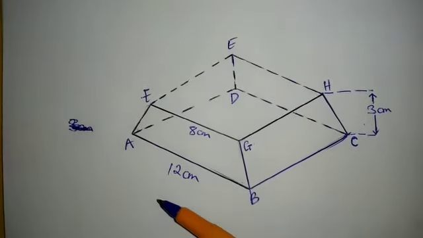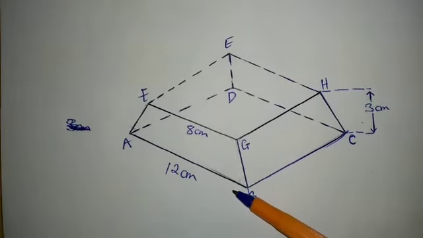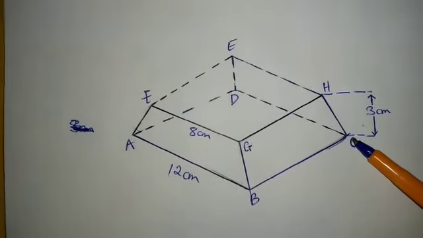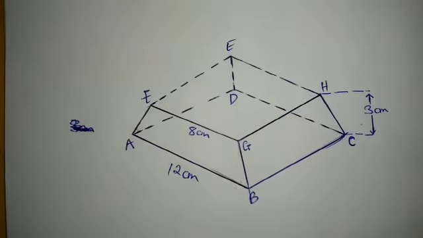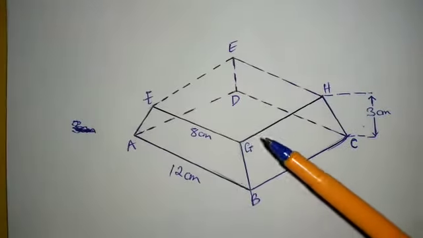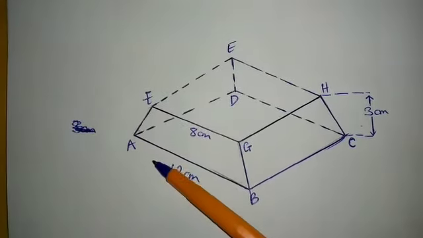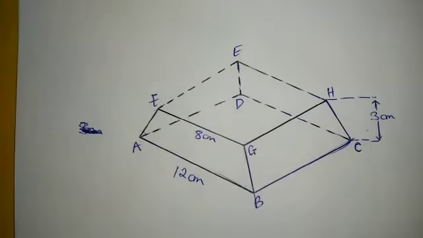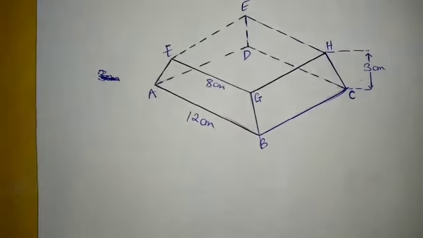Same applies with the lower base, which is AB with 12 centimeters, meaning BC is also 12 centimeters, and CD and AD will also be 12 centimeters. So the upper base is 8 by 8, and the lower base is a square of 12 by 12 centimeters. Let's look at the formula that we can use to calculate the volume of this frustum.